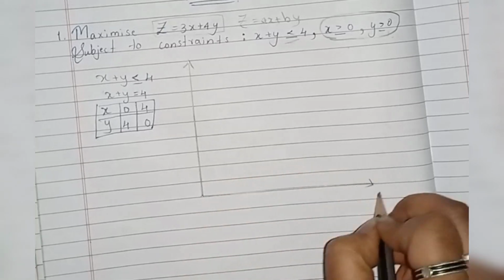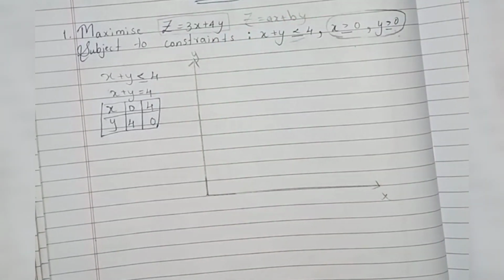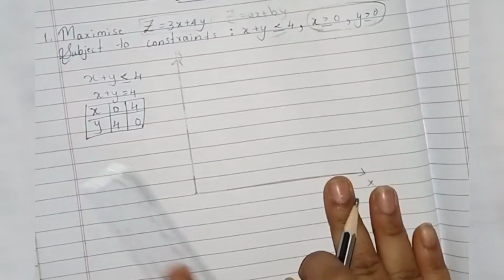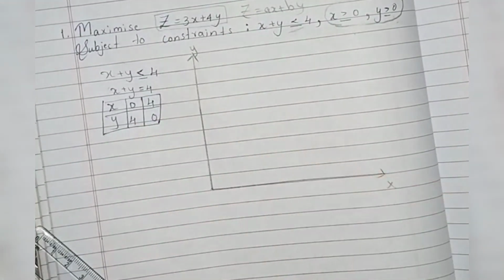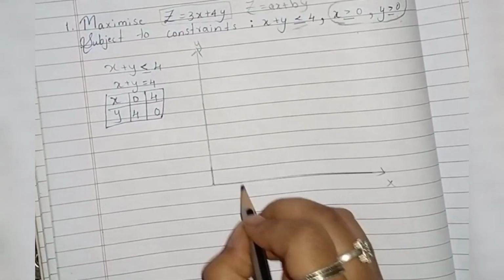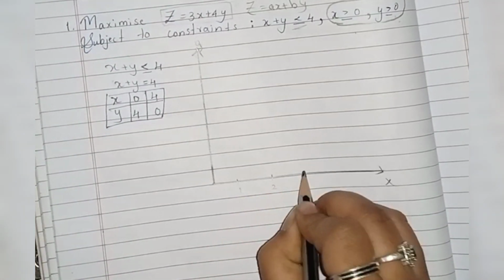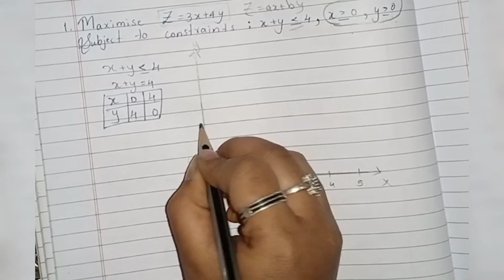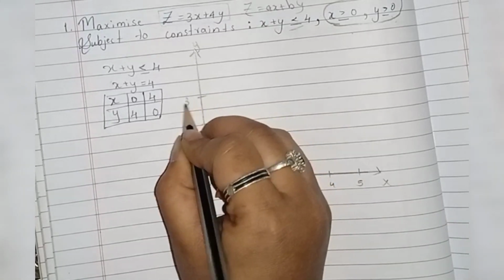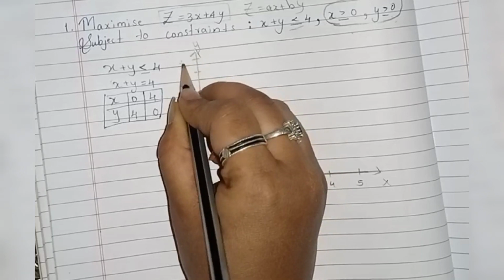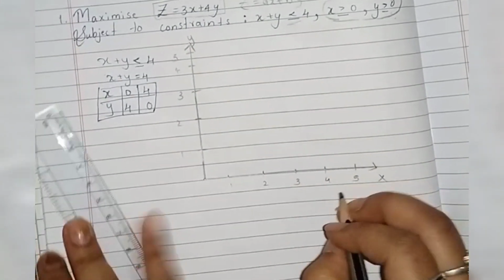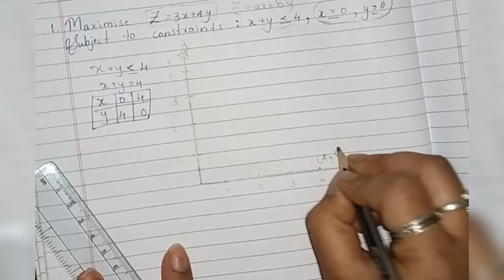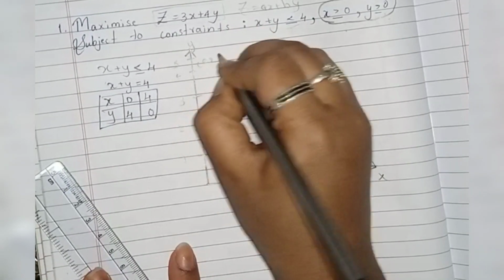This is the x-axis and y-axis, and we have to write the scale on both axes. Since it ends at 4, we can take 1 to 5 on each axis. Now plot 4, 0 and 0, 4.